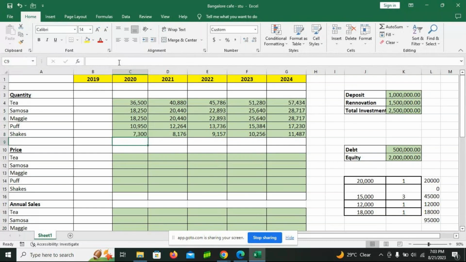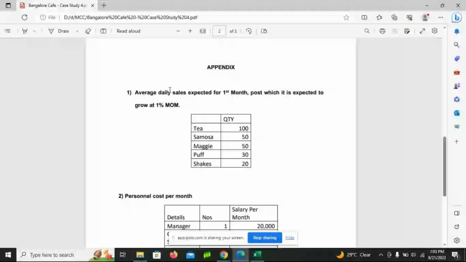So from year one only we have incremented, as it is mentioned in the sum. Done with this?